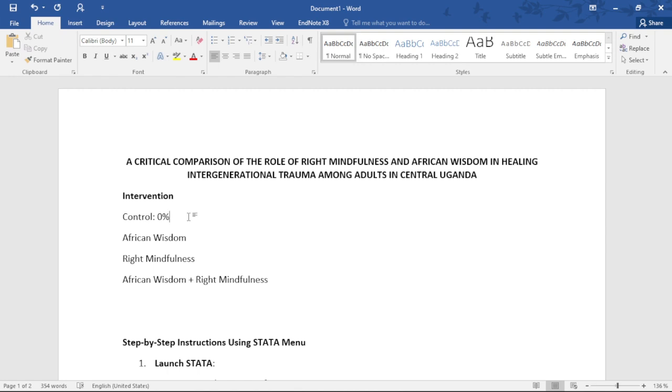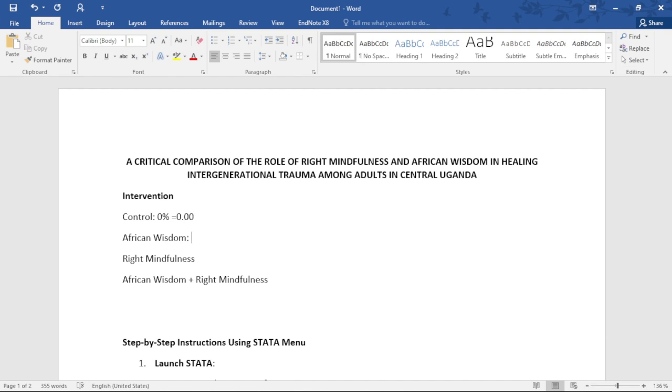There will be 0 reduction in intergenerational trauma. So the assumption is 0% reduction, which in terms of fraction would be 0 out of 100, that is 0.00. That would be the proportion of the trauma reduction.